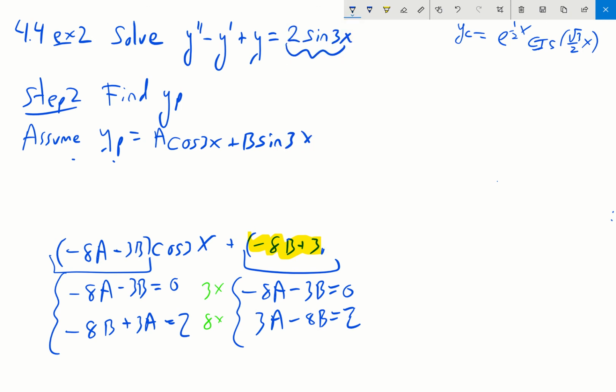This is going to be negative 24a minus 9b equals 0.